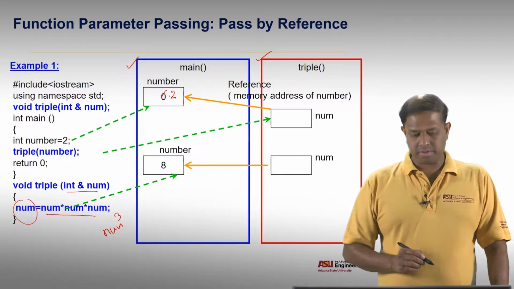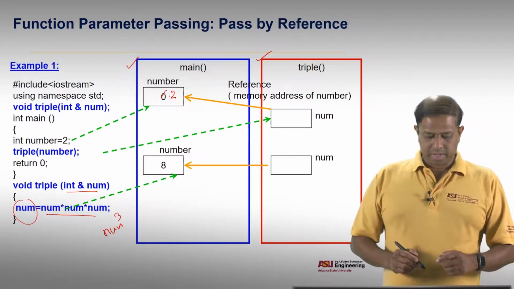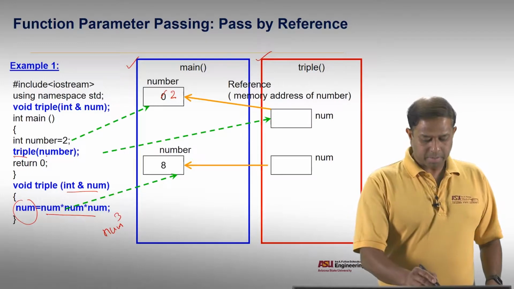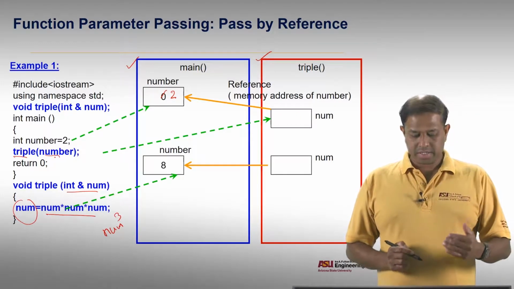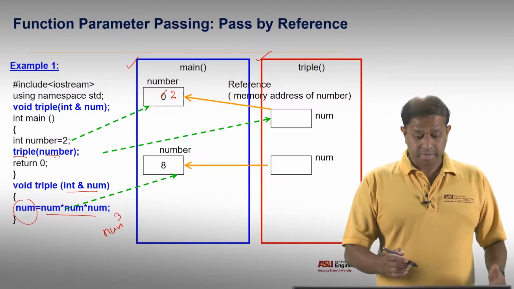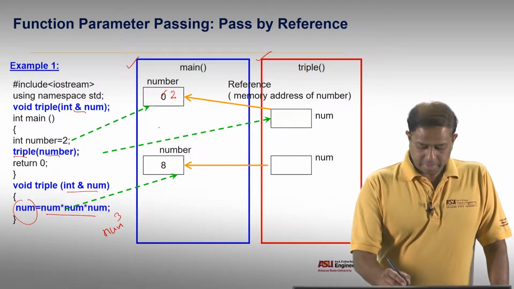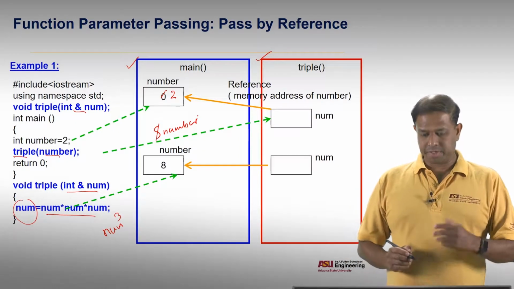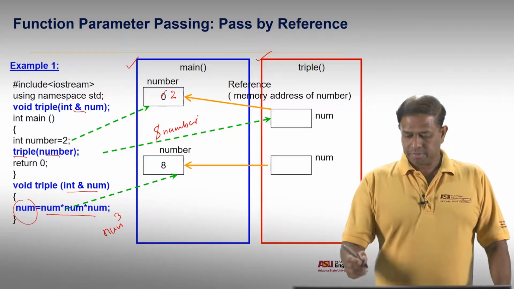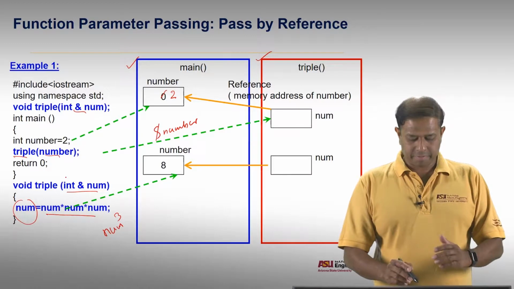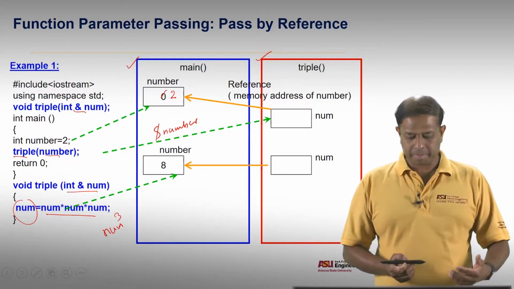Then we call the triple function by passing number as the parameter. Since the parameter that the triple function takes is a reference parameter, we are passing the memory address of number, not the value stored in number. Therefore, inside the function, we take that reference into the num parameter.